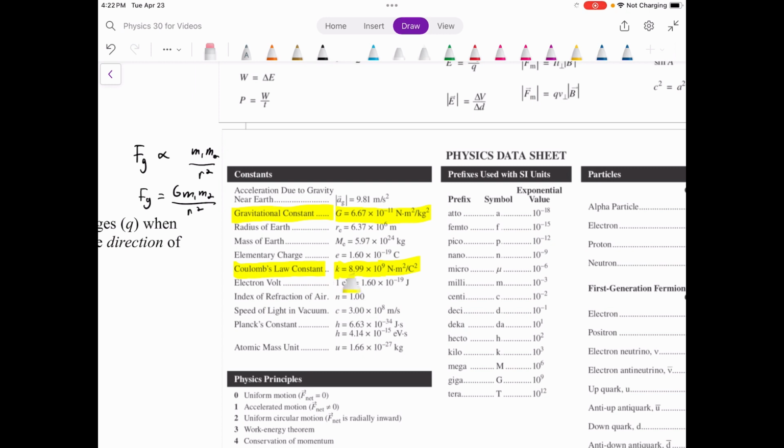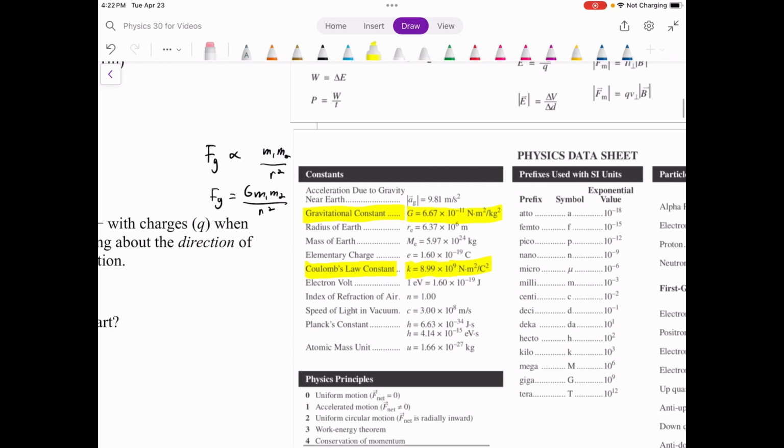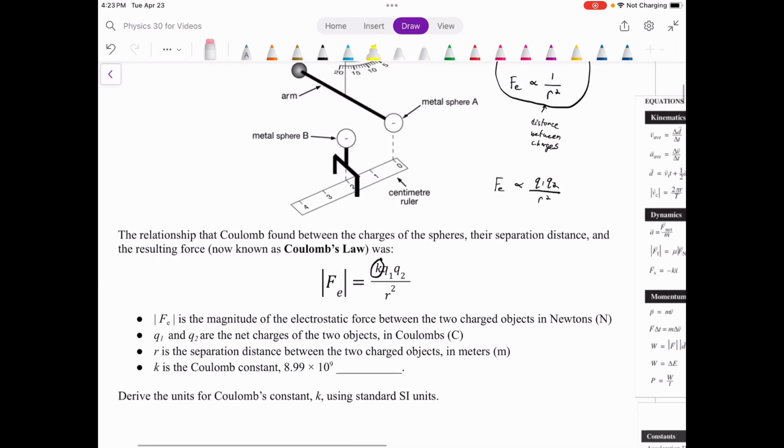That's just the way the universe works. Why isn't K a bigger number? Because in our universe, the electrostatic force isn't stronger than this, right? Why isn't it a smaller number? Because we've measured it, and in our universe, the electric force is not weaker than what this number gives. It's the settings in the code that runs our universe, right? Okay.